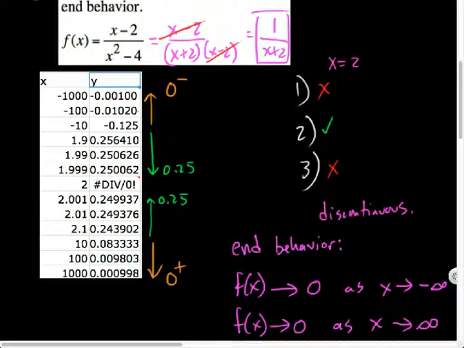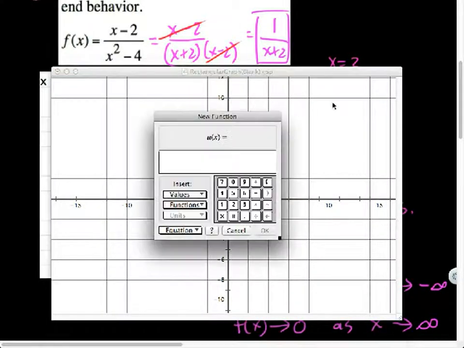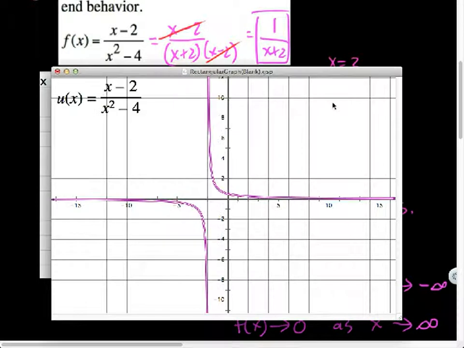Let me actually show you this, if I can. Let's graph this here: x minus 2 divided by x squared minus 4. And this is the graph, although don't believe it, friends. You went and believed it, didn't you?